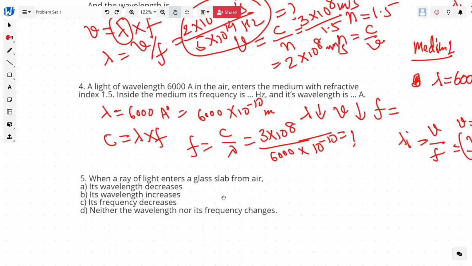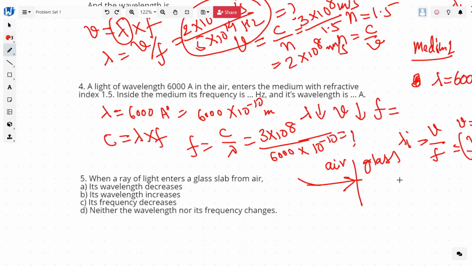The next question: when a ray of light enters a glass slab from air, its wavelength decreases, its wavelength increases, its frequency decreases, or neither of that happens, right? As we know, fundamentally, the ray of light is going to enter from air to the glass.